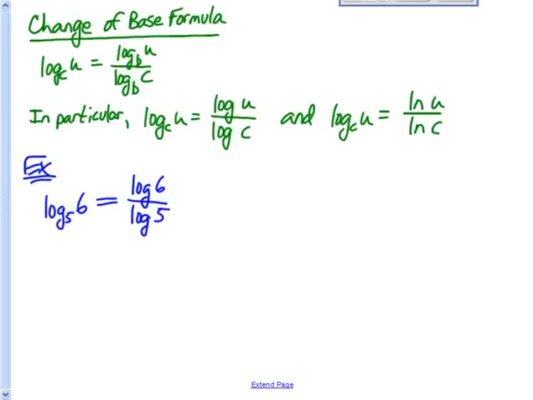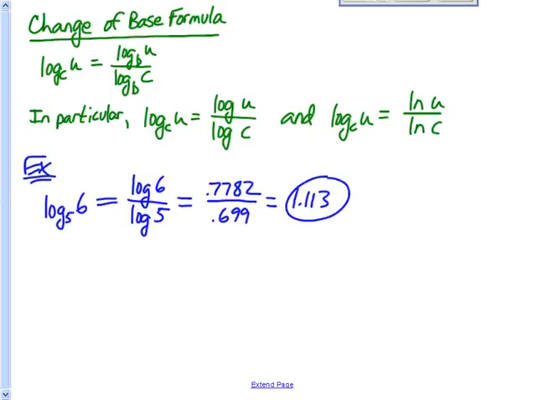It's base 10, so I don't need to write it. Log base 10 of 6 is 0.7782. Log base 10 of 5 is 0.699. You divide those two, you get approximately 1.113.